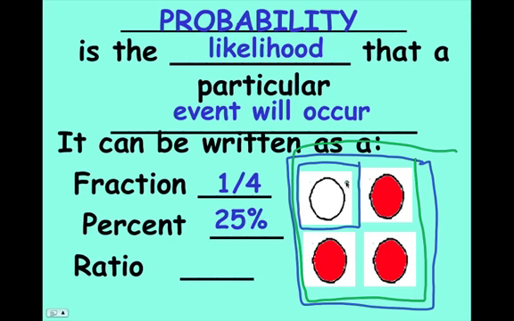It could be written as a percent, 25%, or it could be written as a ratio, which is 1:3. You'll have to remember that when you're talking about a ratio, these two numbers have to add up to the total number of items. So that's why this is 1:3.